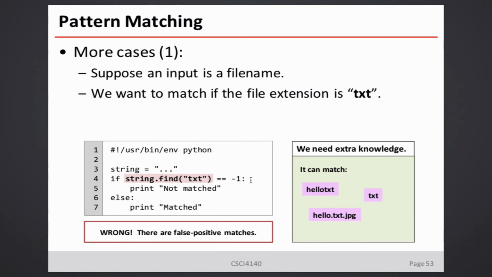Can you tell me what exactly this line means? Still remember what this find is doing? Look for a substring. If it has that substring, tell me it is match or not match. So I want to have an extension txt.